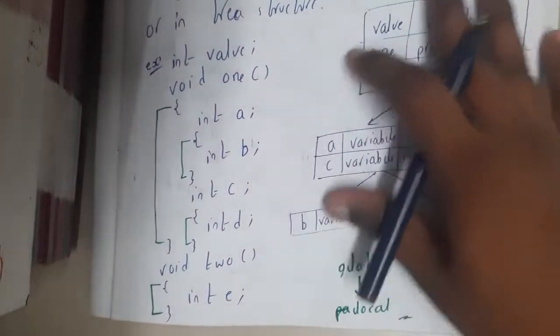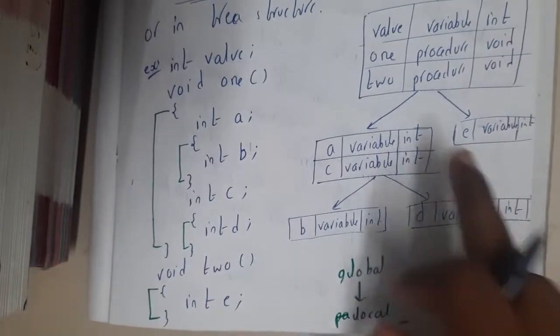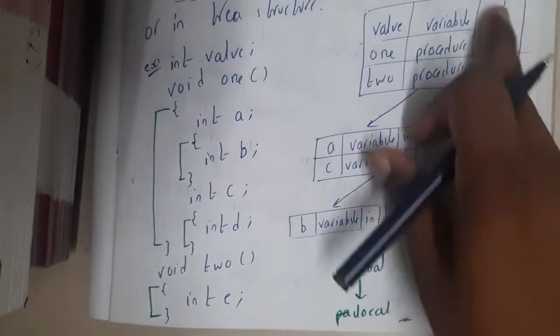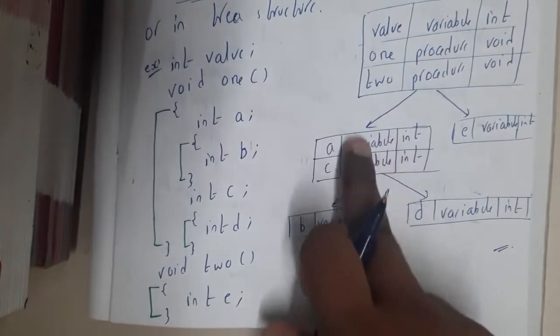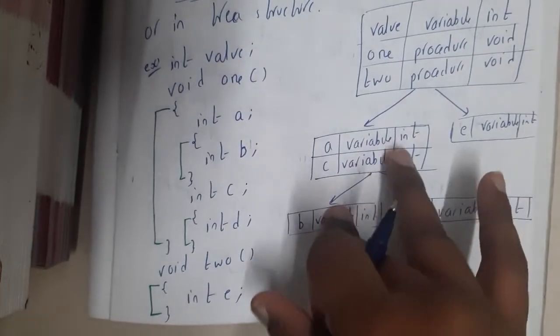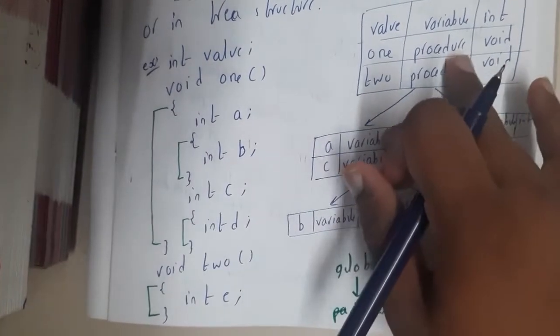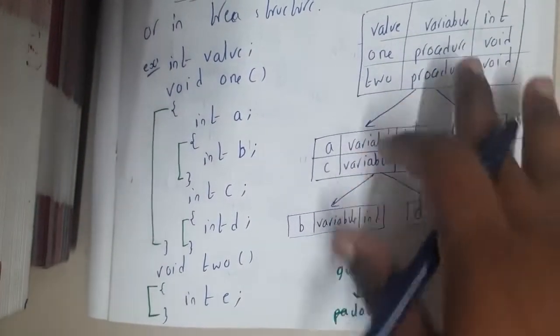So this whole thing is called a symbol table. Okay. Yes. So just by observing this also you can say this is the main global and these are local, and for this, this is global, guys. Internally these are local, and if you compare with this, this is global. So in that way it works.